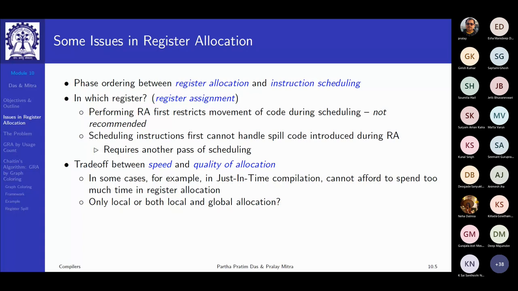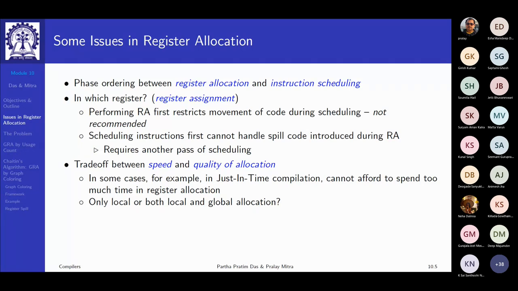The other point that you have to keep in mind is that register allocation is a hard problem. In fact, so is instruction scheduling. So there is always a trade-off between the speed and the quality of allocation. As you have understood, if we did not do any kind of smart register allocation, we could have just done load store and got a code running.